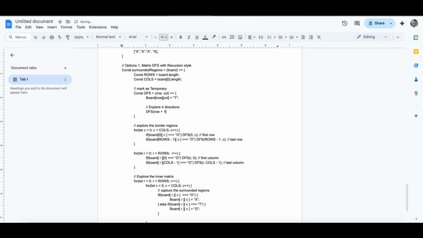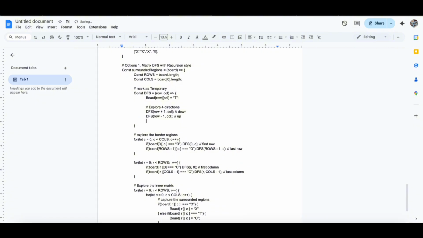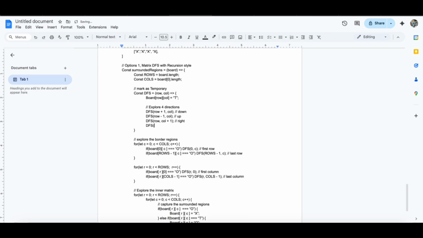DFS row plus 1, then the call, this one is down. DFS row minus 1 and column, this is up. DFS row call plus 1, this one is right. Row column minus 1, this one is left.